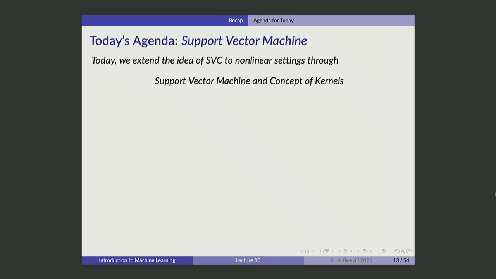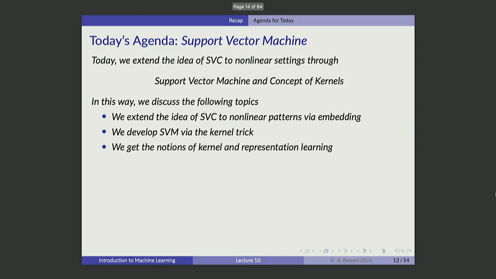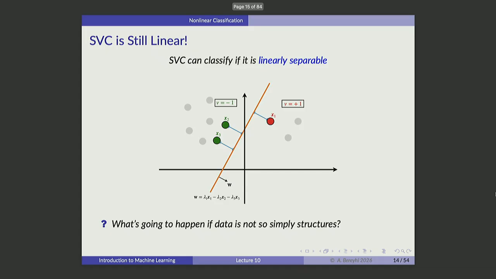And we also get the idea of the kernel trick. And out of that, you get the idea of representation learning, which is actually a general framework, including deep learning nowadays being very popular. So, everybody's cool? Shall we start? Great. OK, so let's start.